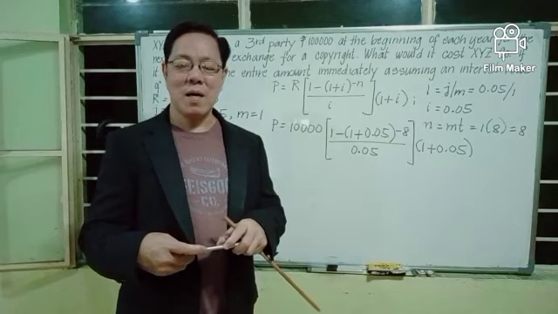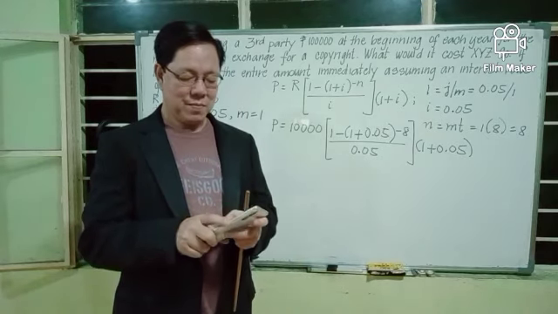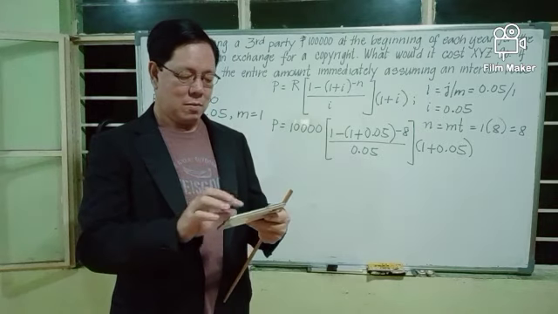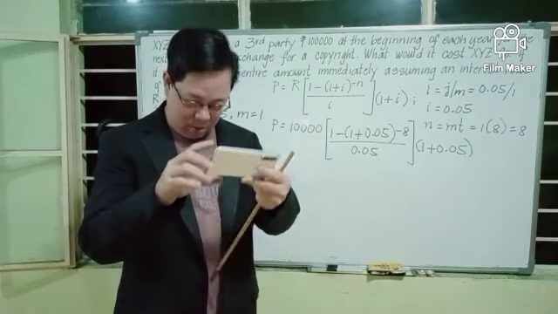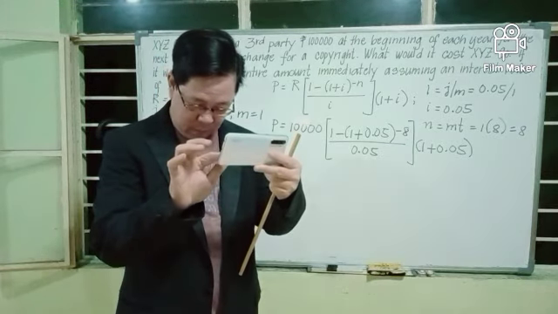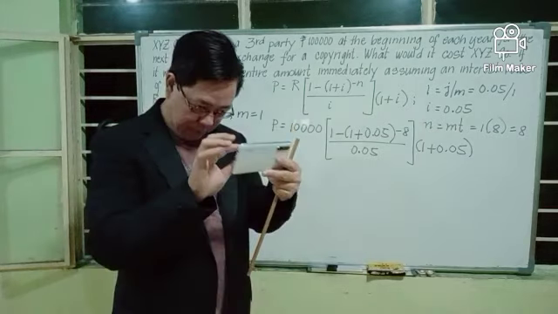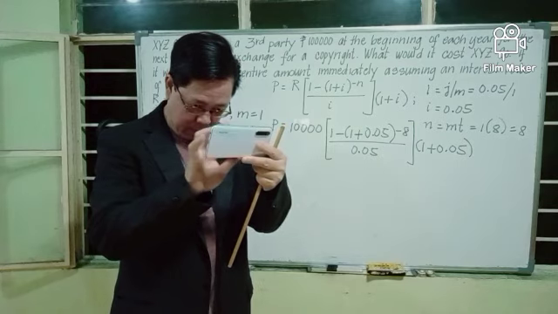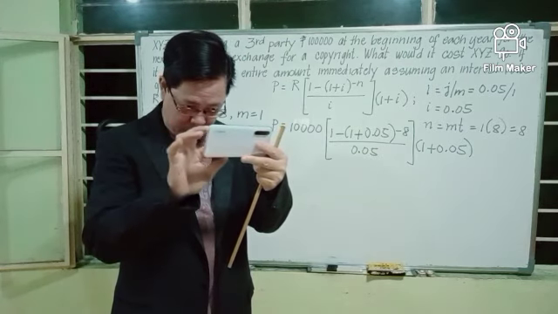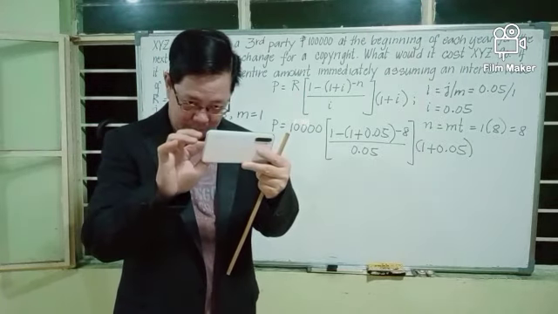We compute the present value directly using our calculator. We have 1 minus 1.05 to the power minus 8.